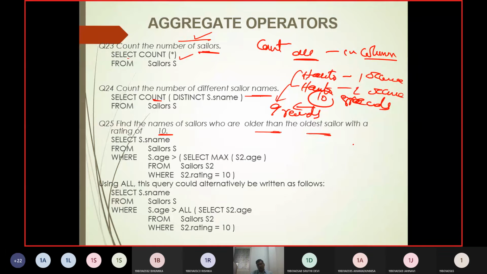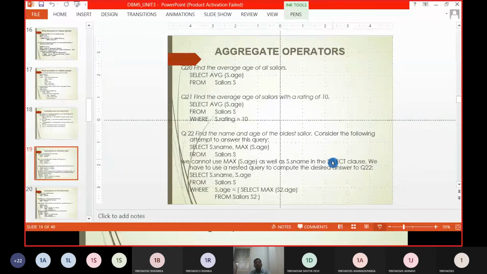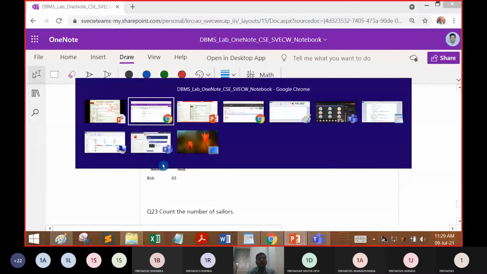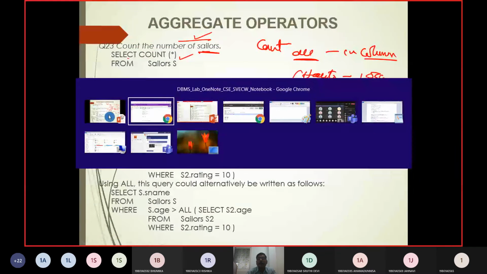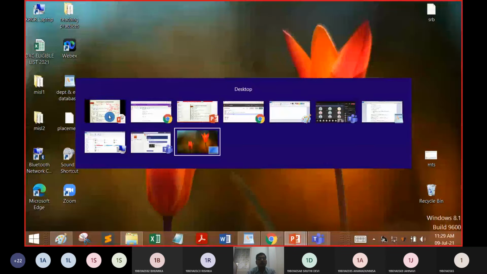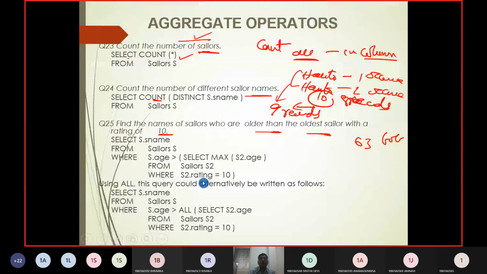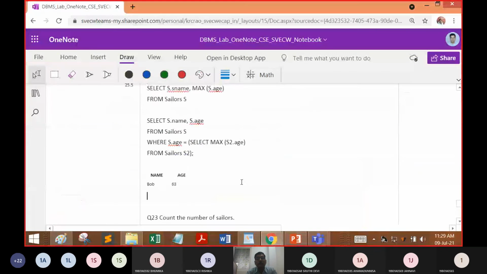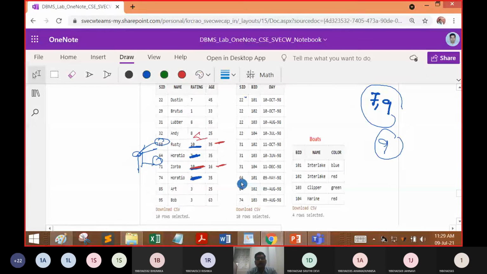Up to now we have the oldest age was 63, Bob, and his age we have already mentioned. What was his rating? His rating was given as 3.